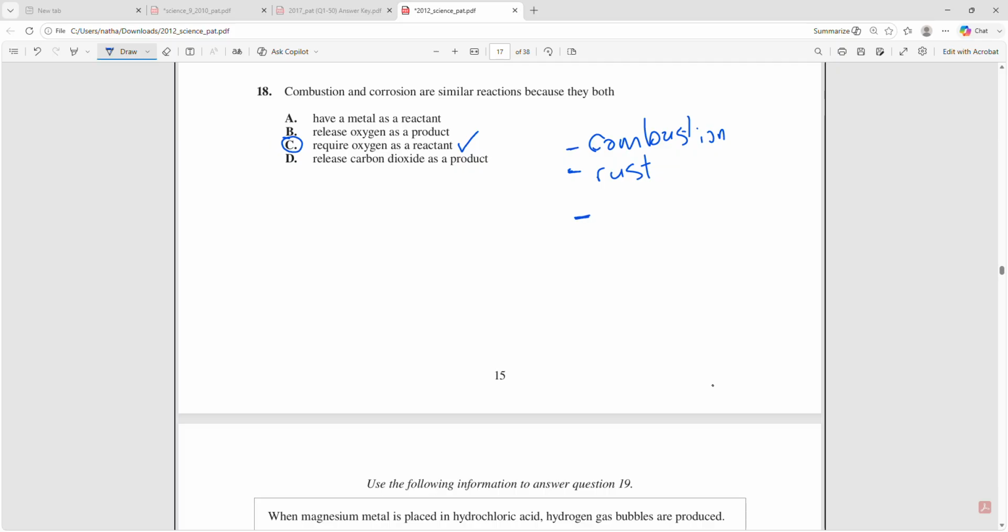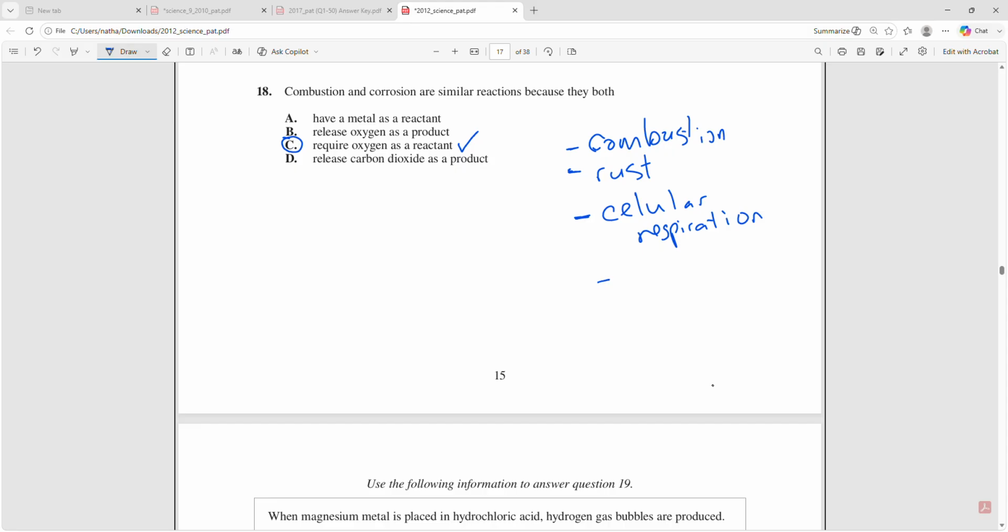We also had cellular respiration, which is how the cells break down sugar molecules and turn them into energy for the body, ATP, and it also involves the use of oxygen.